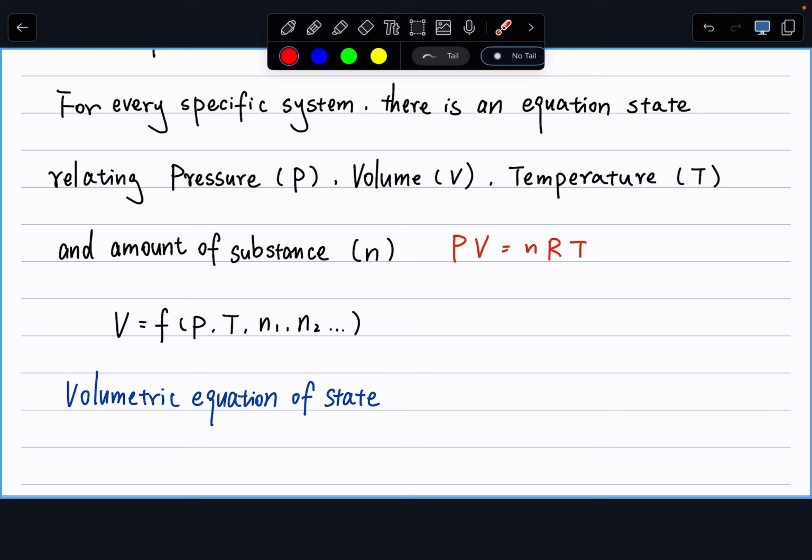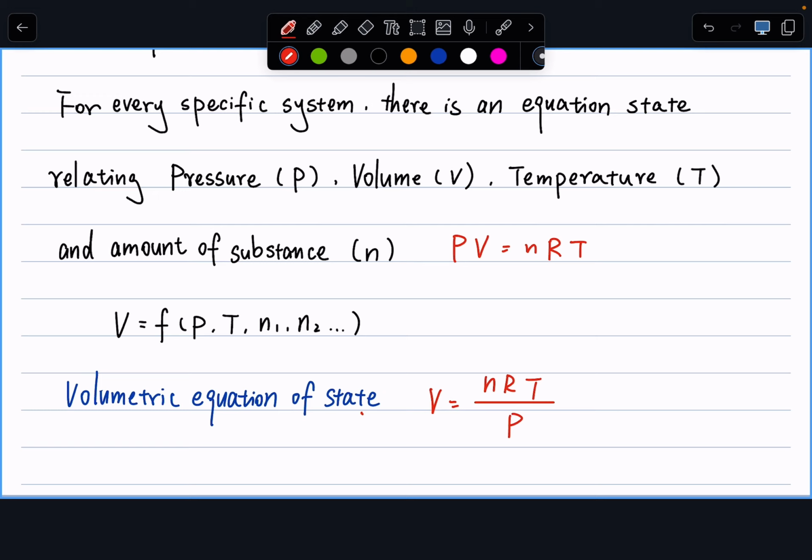This N1, N2 stands for a mixture of different kinds of substances mixed together. If you think about the ideal gas law, you can write the volumetric equation of state of our ideal gas as V equals nRT over P.